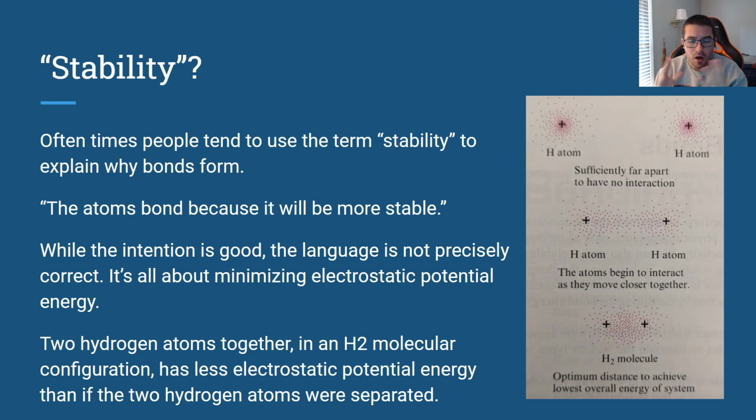A lot of times people like to use this term stability to explain why bonds form. The atoms will bond because it'll be more stable. That is not the best way to phrase things, and it's not precisely correct. The reason that atoms bond is to minimize their electrostatic potential energy.